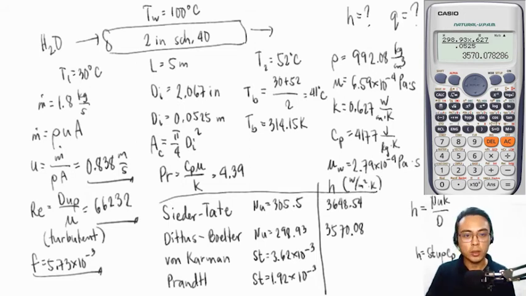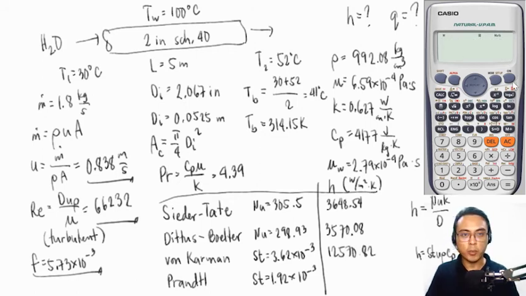Next, for the Stanton numbers, that would be 3.62 times 10 raised to negative 3 times velocity 0.838 times density 992.08 times heat capacity 4177. We have 12,570.82.